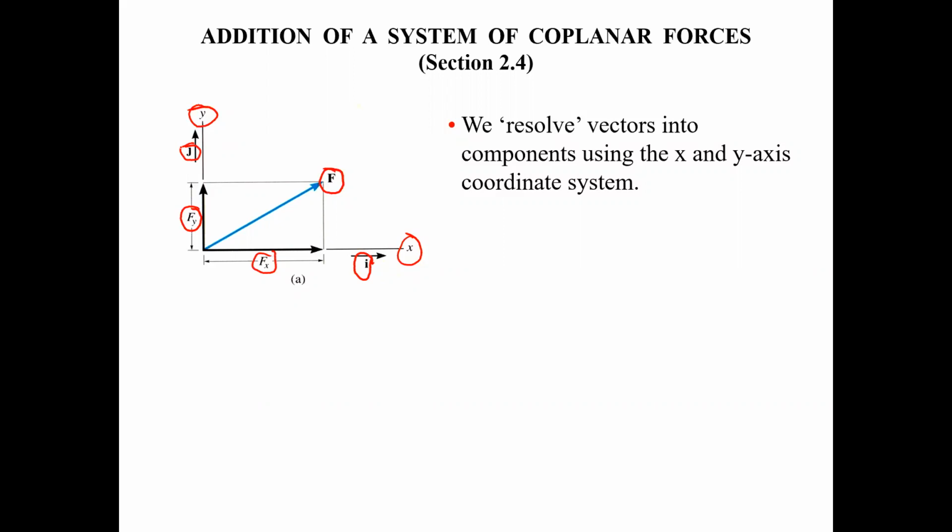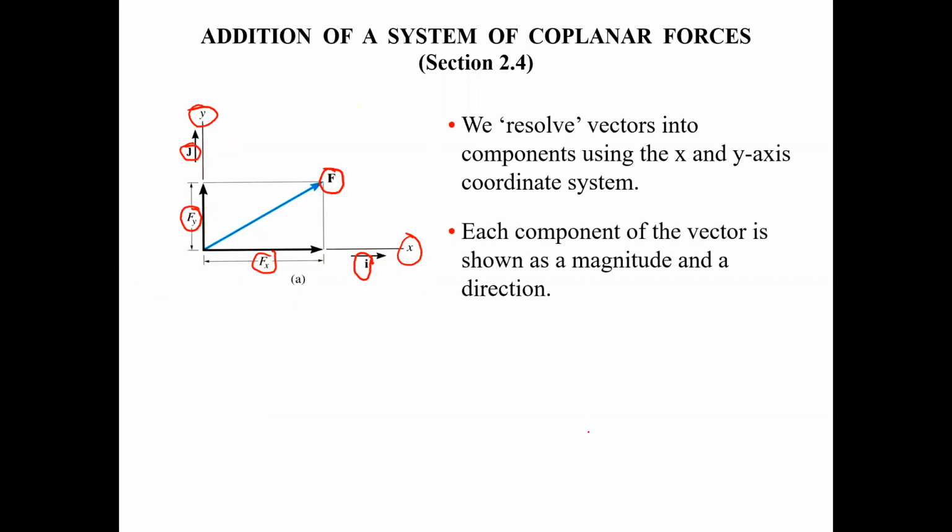And the unit vector or direction vector j is along the y-axis. We call this Cartesian vector notation, Cartesian notation or Cartesian form. Each component of the vector is shown as a magnitude and a direction.